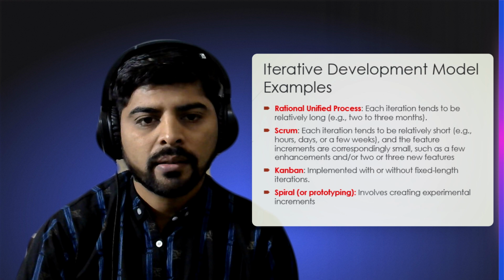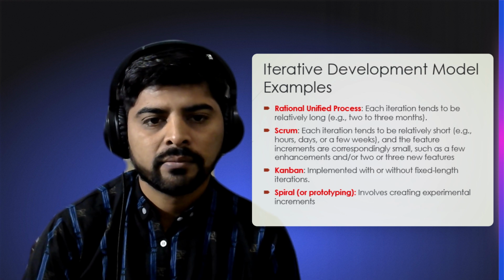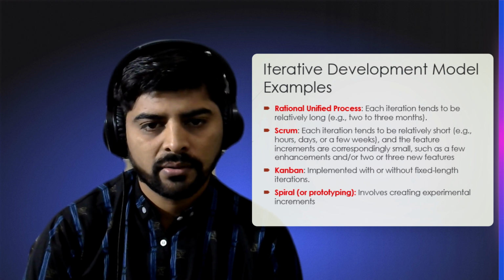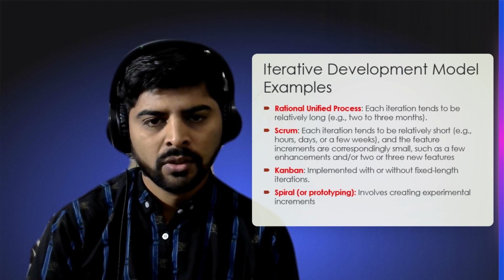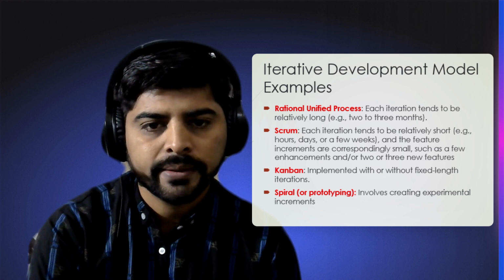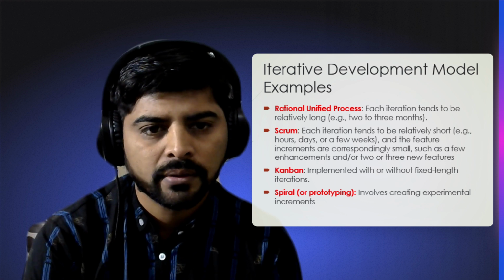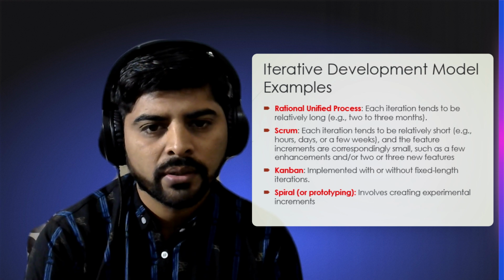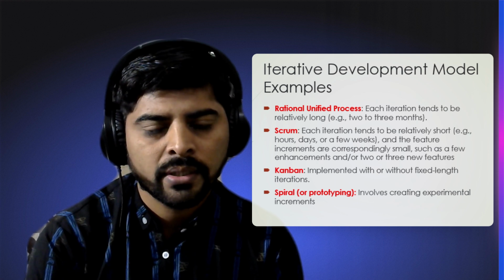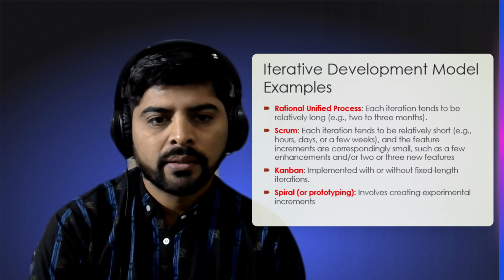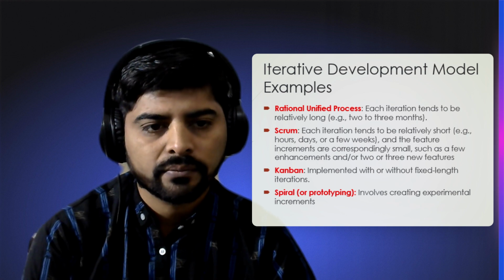In Kanban, it can be fixed length iteration or without fixed length iteration. Usually Kanban boards are without fixed length iterations; we do not follow sprints as we do in Agile Scrum. In Spiral, prototyping involves creating experimental increments.